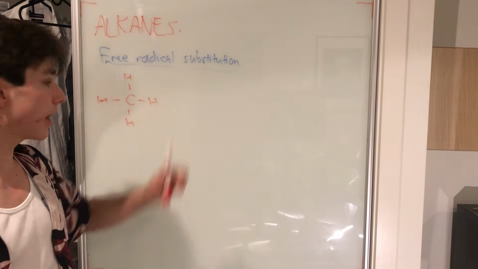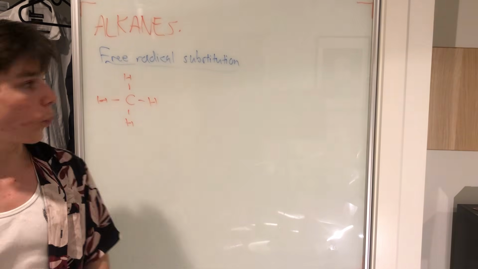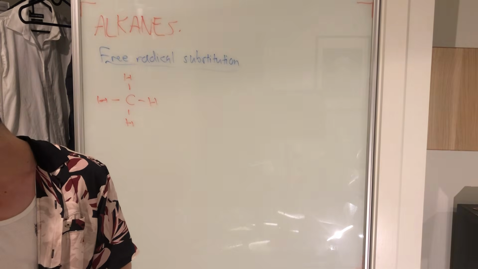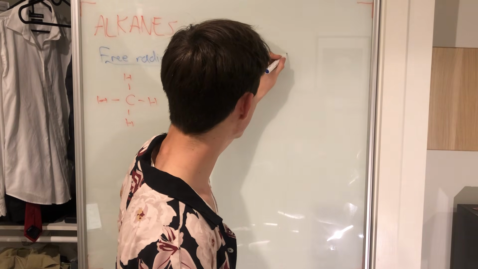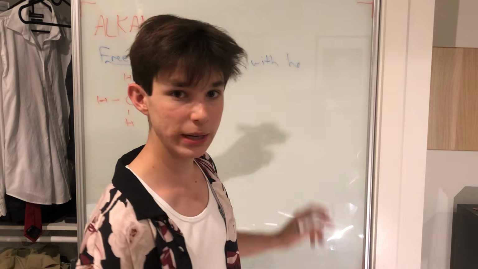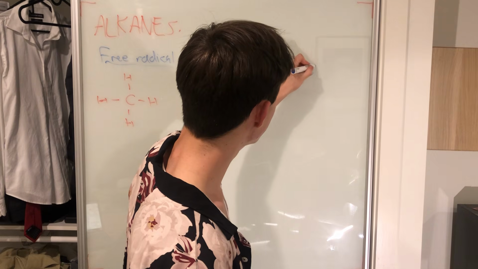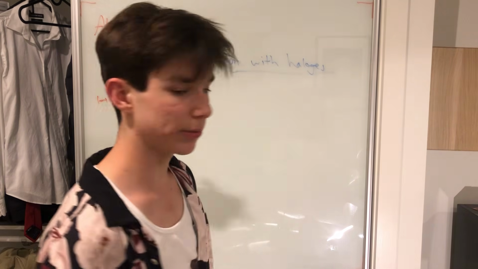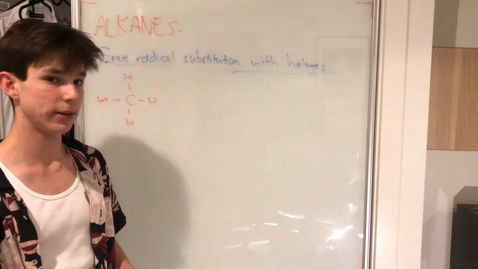This particular type of substitution, free radical substitution, we learn about it with halogens. So that is your chlorine, bromine, fluorine, iodine. Free radical substitution with halogens. So that is the reaction of an alkane with a halogen.